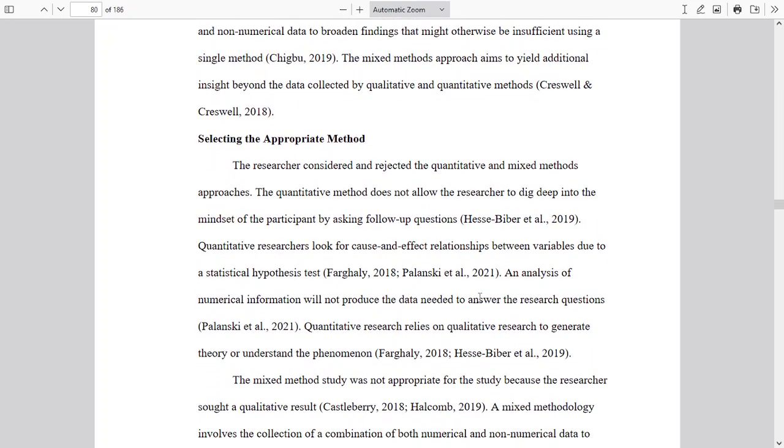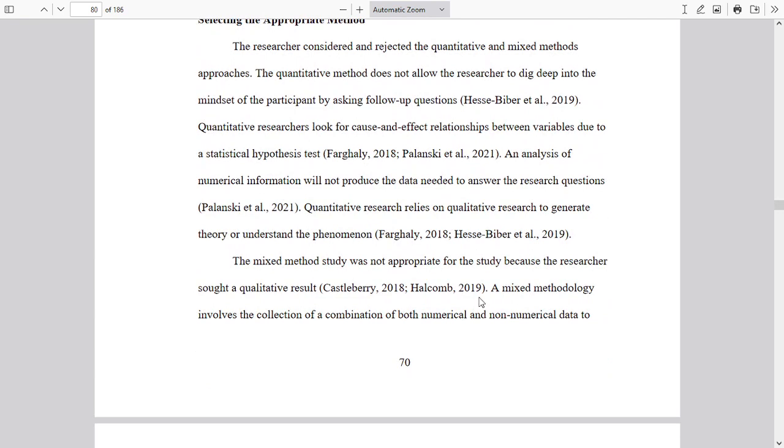But we'll say I did the quantitative mixed methods, but it didn't really allow me to dig into the minds of the researchers. That's really the main reason: I wanted to understand the experience of the researchers, so I went with qualitative.